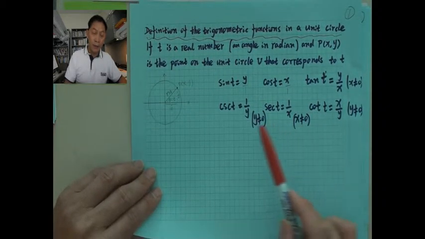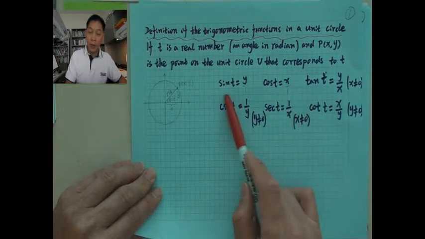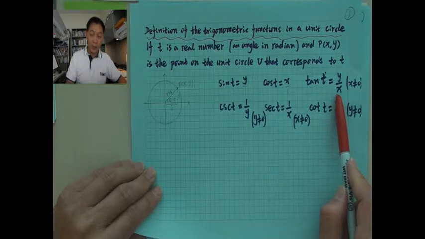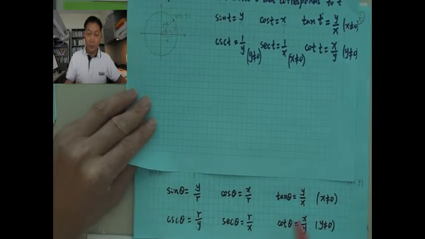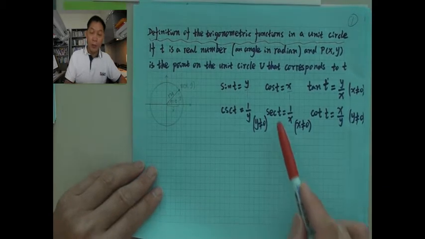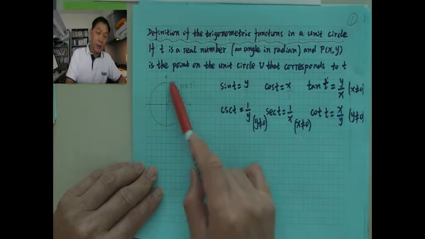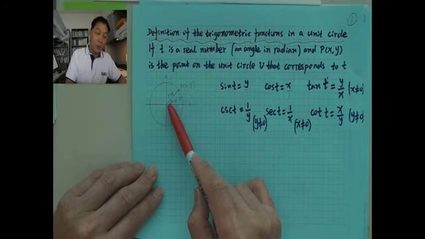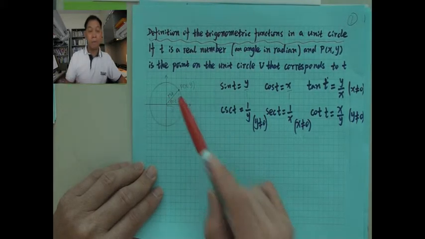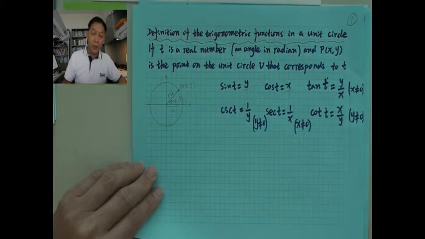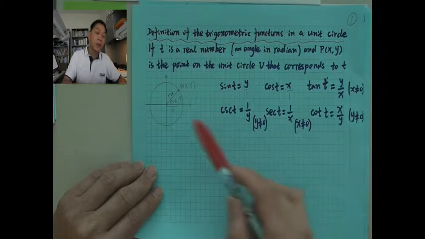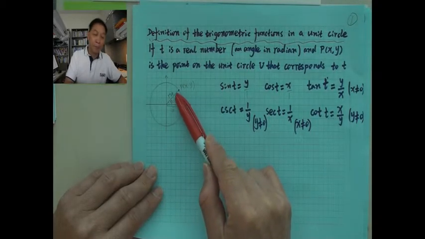Since we have introduced this definition, which is consistent with the previous one, we will discuss more in this lecture about the radius r being 1. You will see we will have many good features in trigonometric functions starting from this point. So from now on, r equals 1.